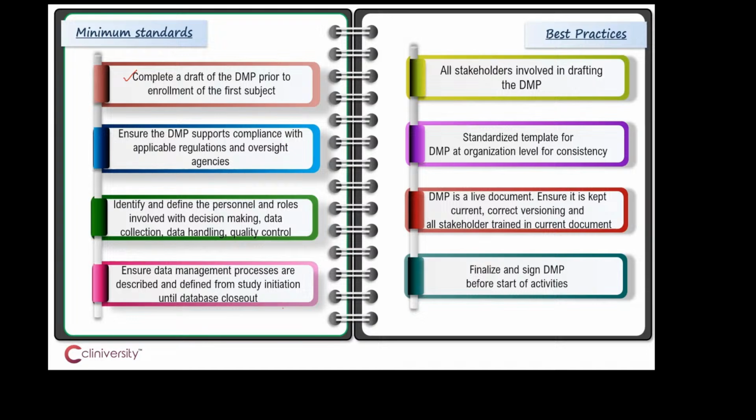Then it ensures also that the DMP will support compliance with the current applicable regulations, which are applicable in that specific country, any kind of agencies, the requirements of it. They will also identify and define any kind of personnel and roles which are involved in the decision making, data collection, data handling, and quality control.